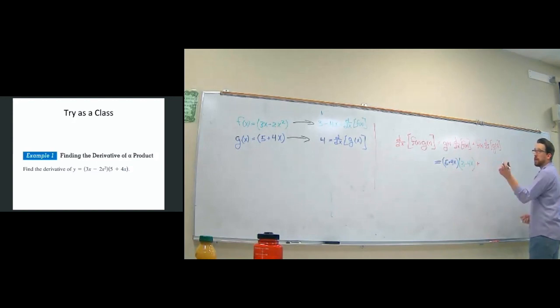F of x, well, that was just 3x minus 2x squared. And the derivative of g of x, said that was 4. Now we could FOIL this the rest of the way out if we really wanted to. I don't think we want to.